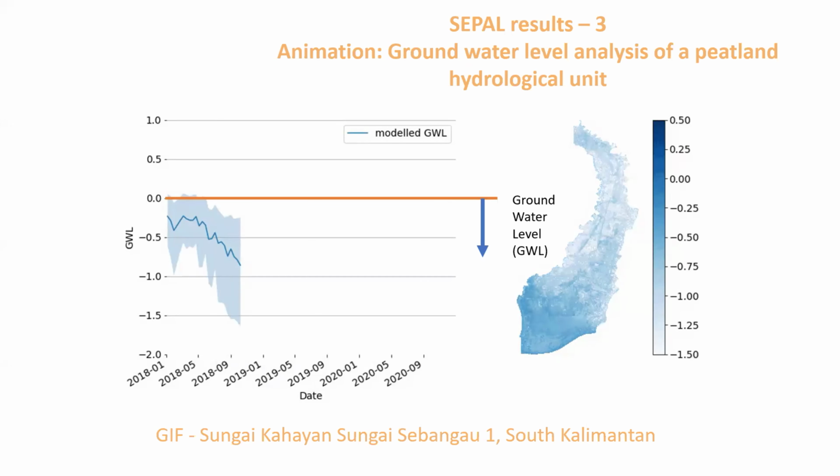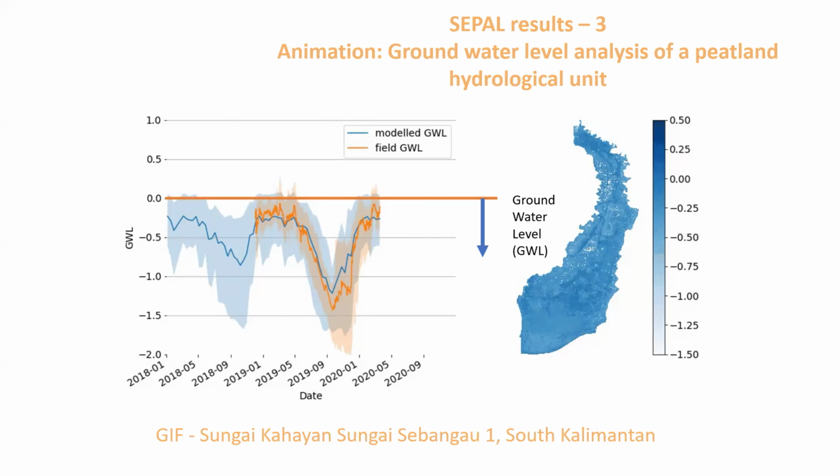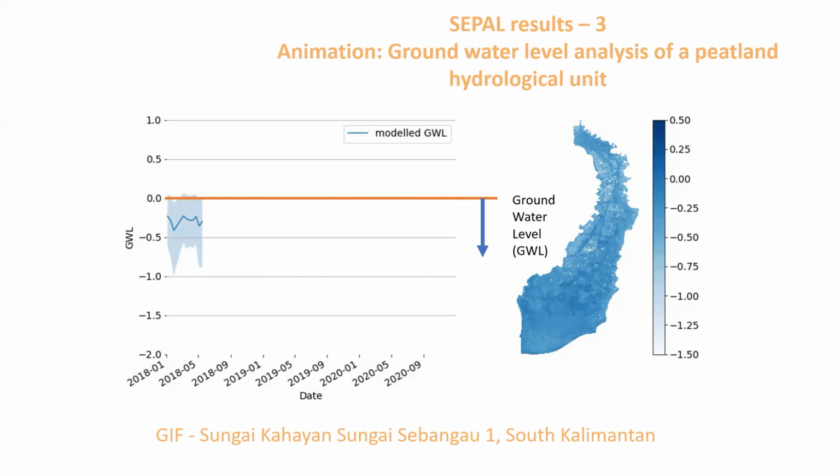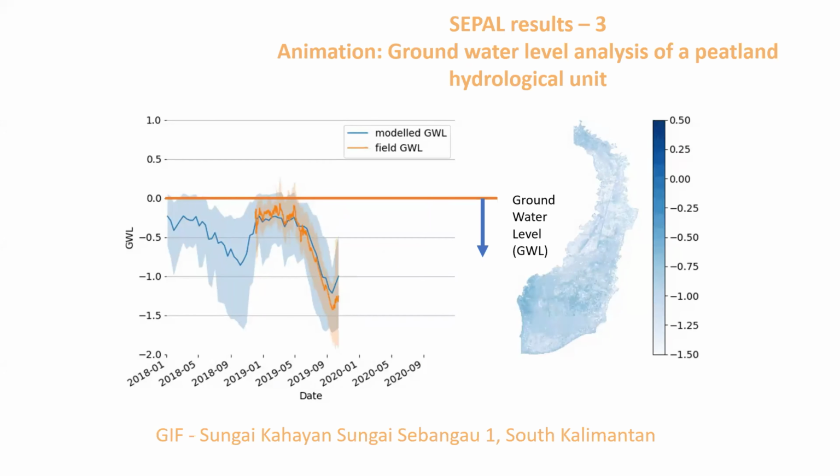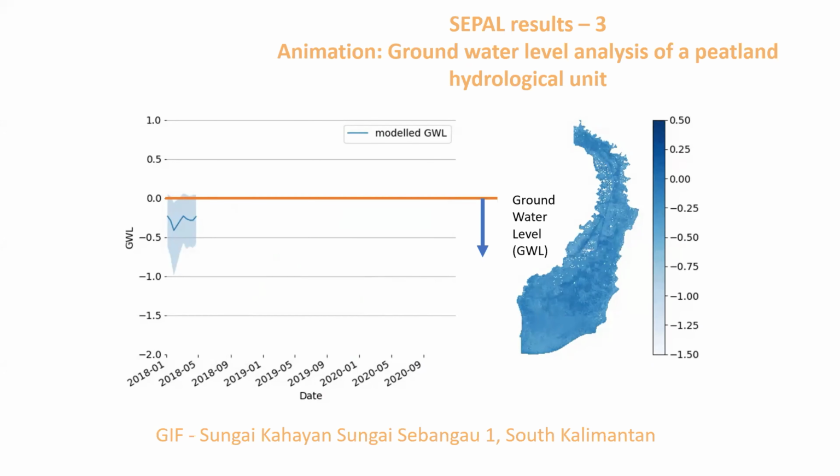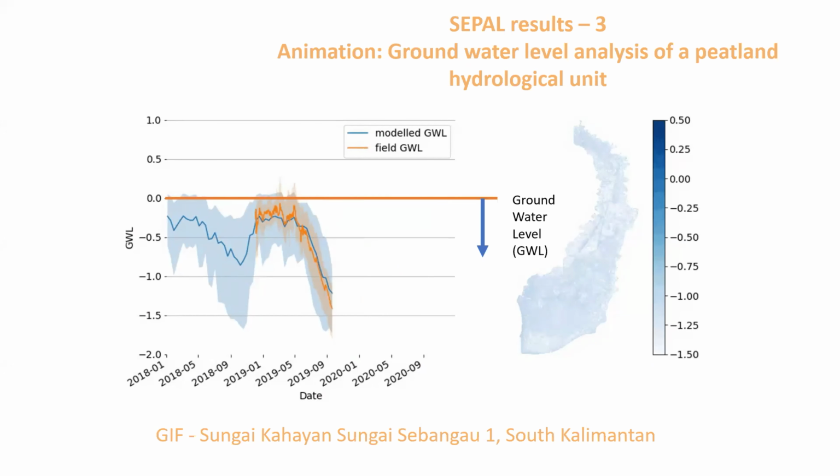Then I wanted to just share on the research and development side. We've been working with Indonesia for a long time, trying to collect groundwater level information, what I just mentioned. And then we were able to correlate it in this peatland hydrological unit with our remotely sensed and modeled groundwater level estimates.